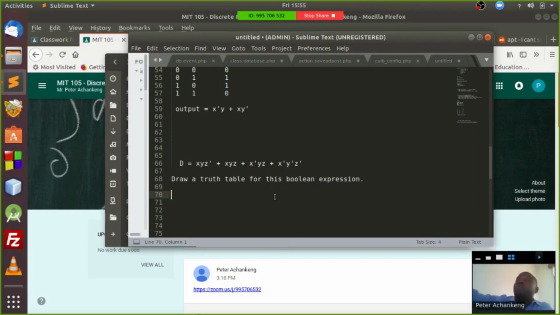Once you have that Boolean expression, you can simplify it to come out with a more simplified expression, which you can implement. Because there's no point implementing a Boolean circuit with 100 components when you could use 10 components to do the same job. So that's why you will simplify.